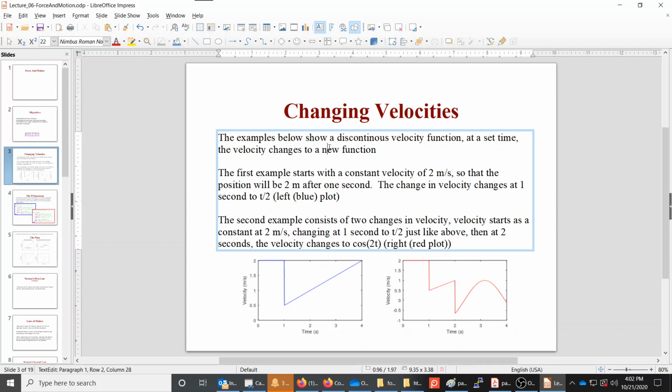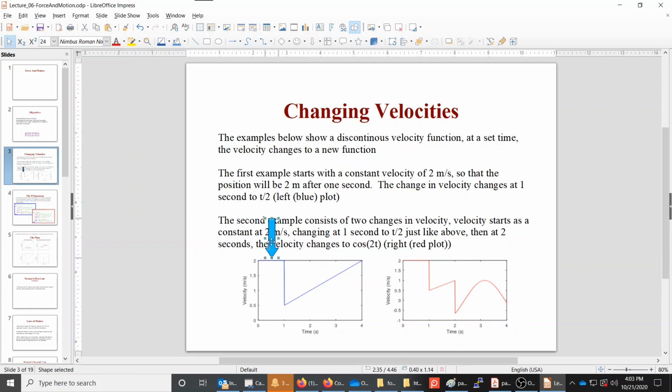Looking at the first example, shown in the blue graph at the bottom, we just have a simple constant velocity of 2 meters per second.